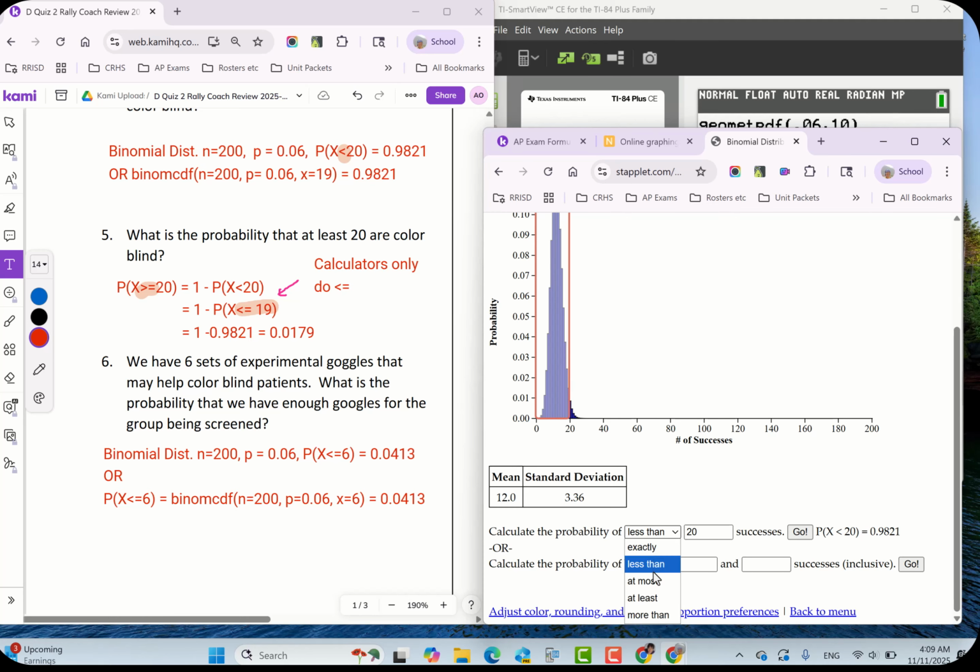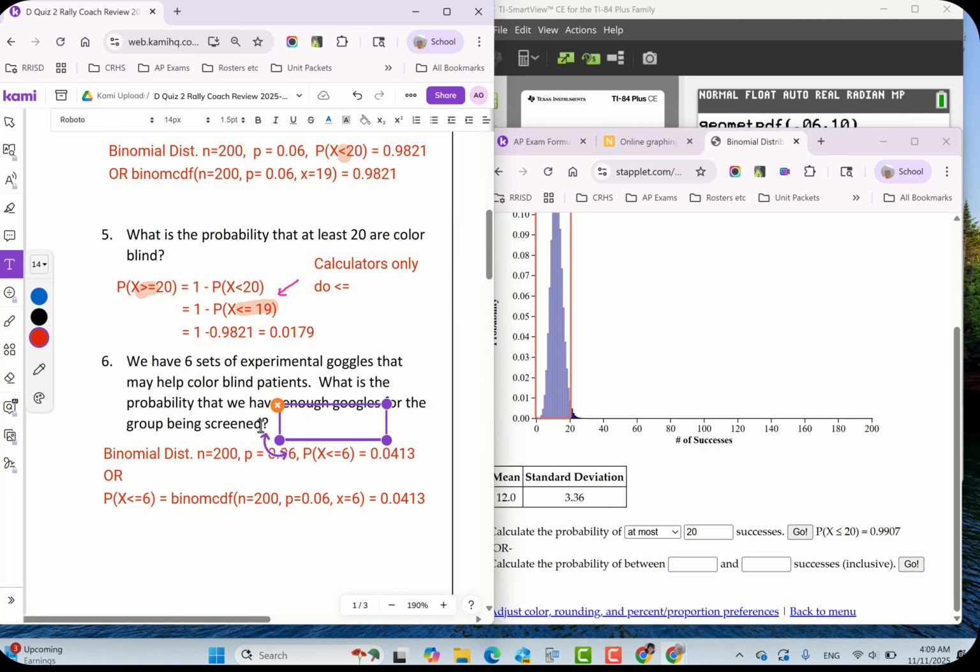That means at most, all right? So X is at most 6. That's the same thing as less than or equal to 6. It doesn't get bigger than 6, all right?